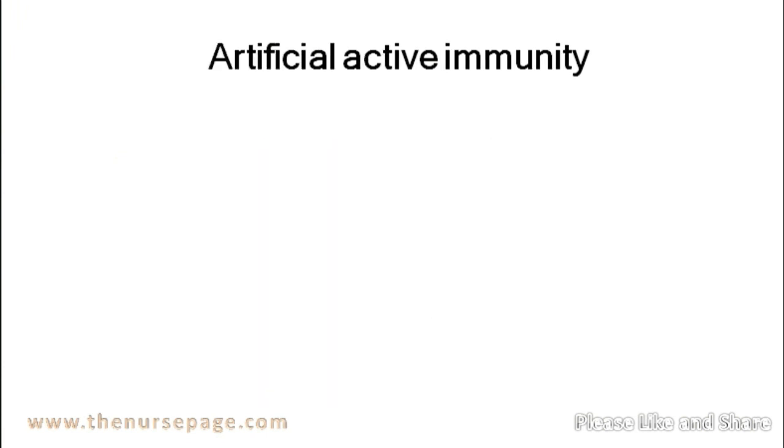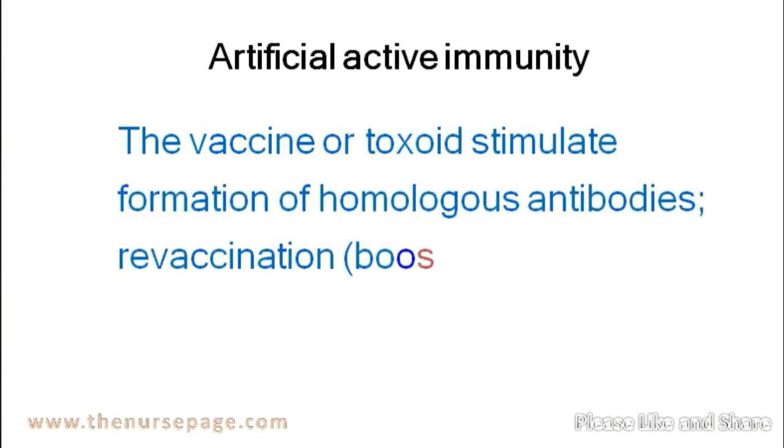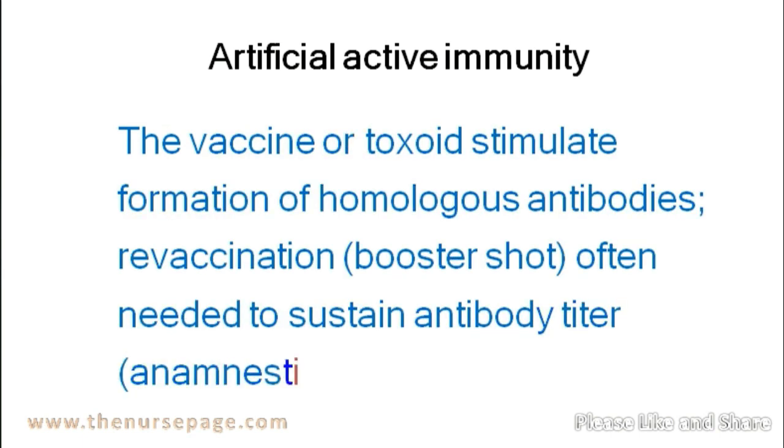Next is artificial active immunity. Artificial active immunity means the vaccine or toxoid stimulates formation of homologous antibodies. Revaccination or booster shot is often needed to sustain antibody titer. So in this case, the body will not produce antibodies initially.